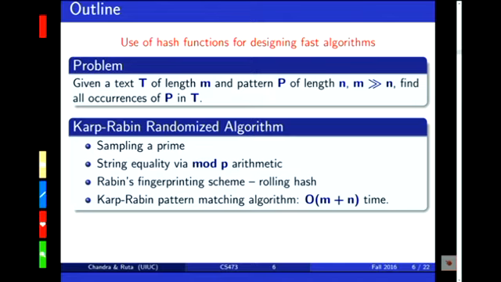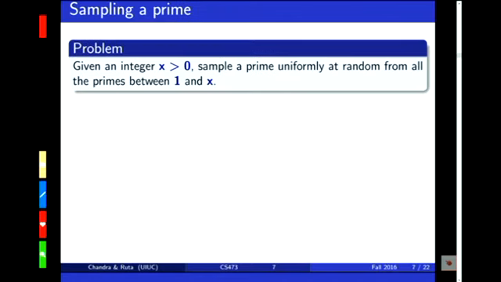Okay, so let's start with the sampling problem. Suppose I want to sample a prime uniformly at random between 1 and some integer x. How do we do this? Any possible procedure?